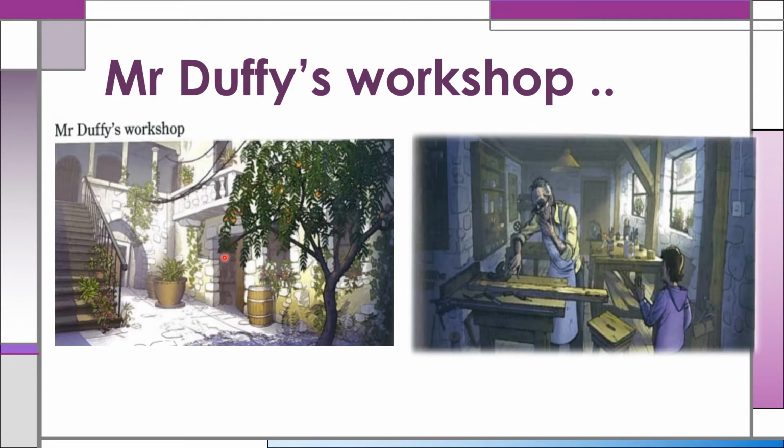Here we have the courtyard, اللي هي الباحة الخلفية, for Mr. Duffy's workshop, and here we have the workshop of Mr. Duffy's. Here we have Mr. Duffy and here, this is George. Mr. Duffy is working in his workshop, but what is the description of the stories and what are the actions that happened in the story? Now we will read the first and the second paragraph and discuss them by making questions and answers. So let's start.